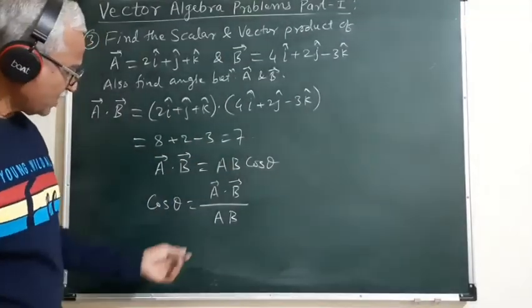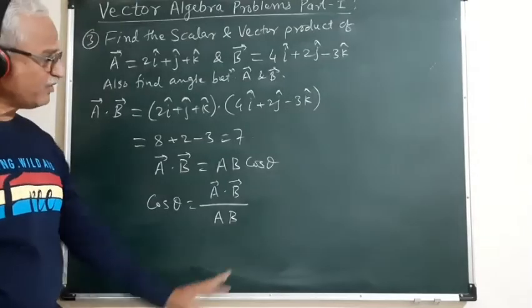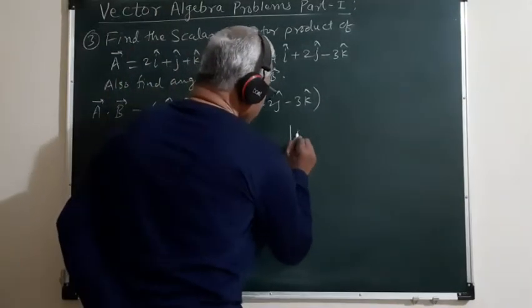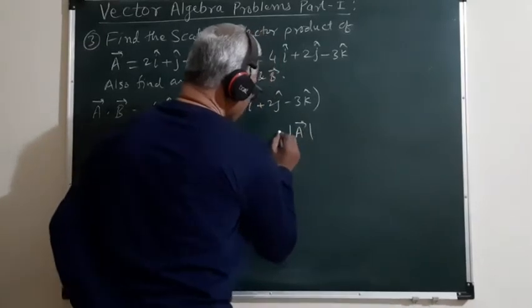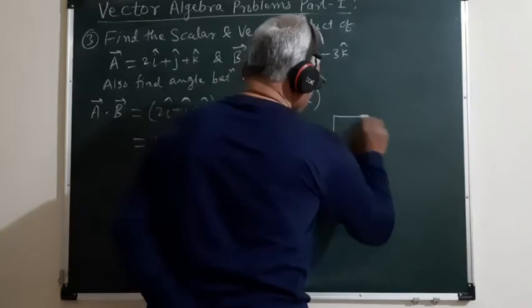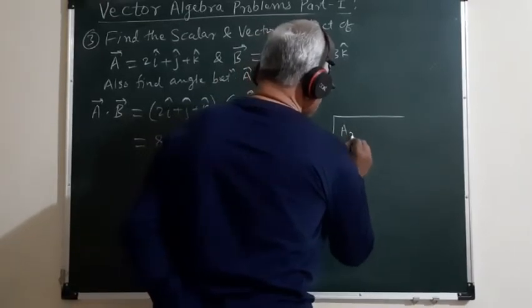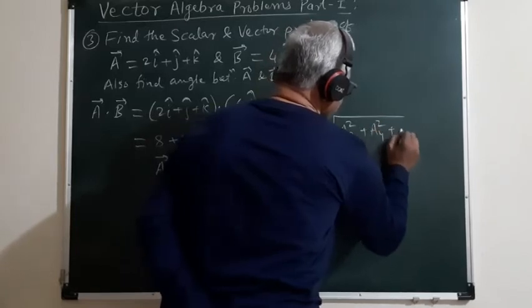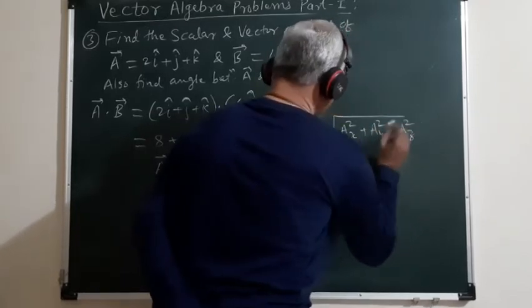So let us first evaluate the magnitudes of the vectors a bar and b bar. So magnitude of the vector a bar, which is nothing but equal to A, is equal to under root of ax square plus ay square plus az square.